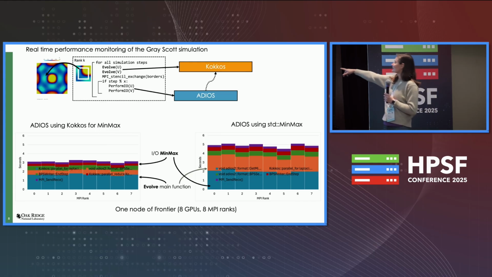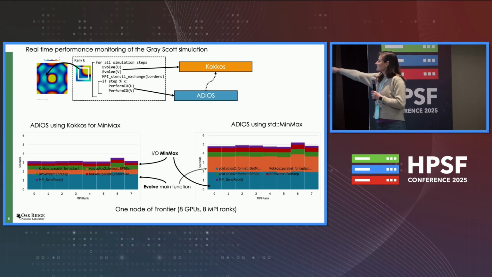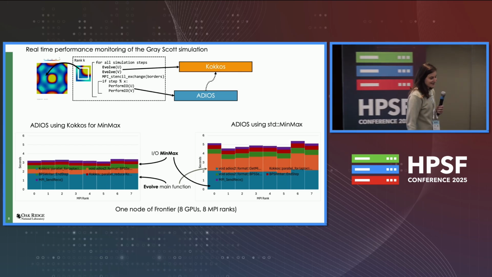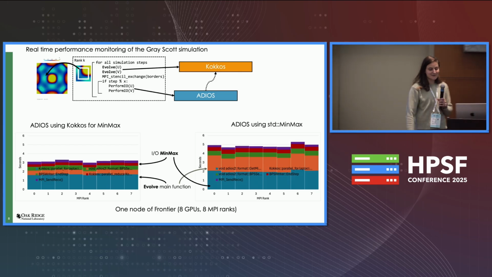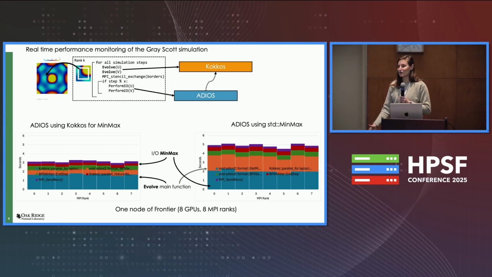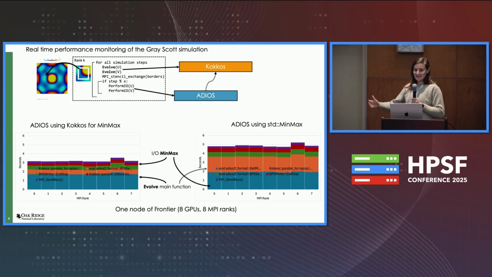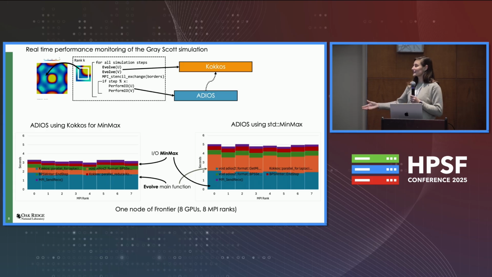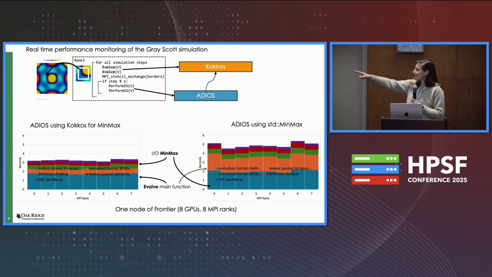The main blue here was our I/O library computing min-maxes for all the blocks. Because it's a lot of data, it was more than the computation part of the application. With Kokkos inside ADIOS, we can offload the computation of the statistics, and it becomes the red color there.